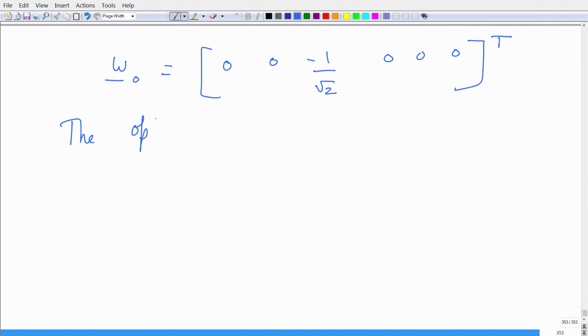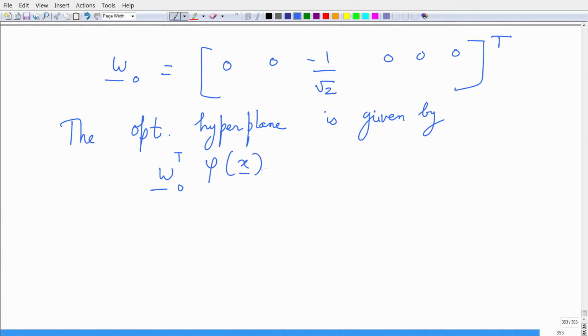Now, from the optimum weight vector I can compute the optimum hyperplane, and this is given by the equation W transpose phi of x is 0. So, W optimum transposed phi of x equals 0.